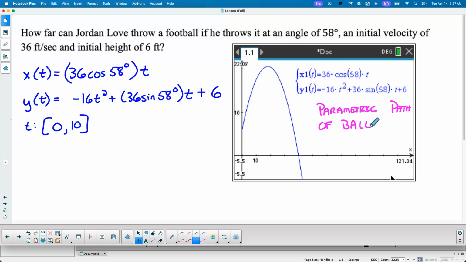Okay. So it throws it goes up, and then comes down. All is well there. Okay. But we want to know, the question is, how far? So that is my question. How far does that ball go?